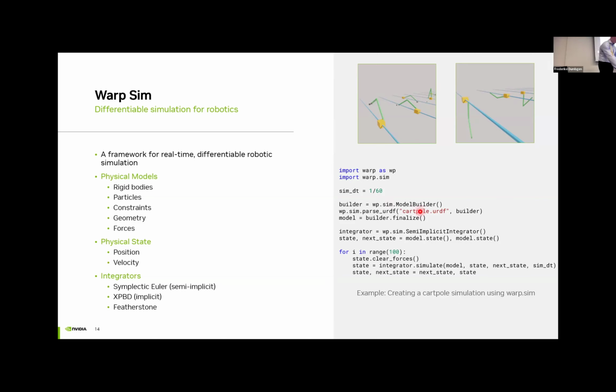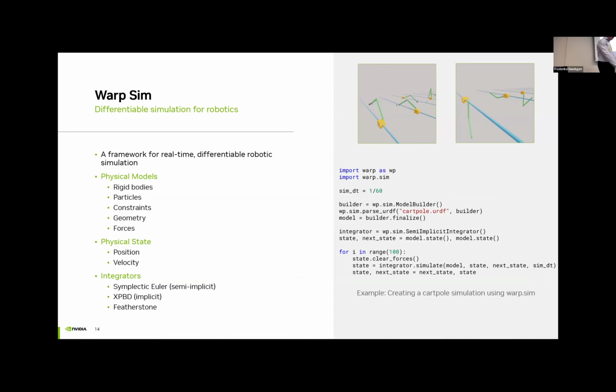We have a model builder that is similar to MuJoCo, where you need to define the model, like the articulation or the topology of the system, and then you can also define parameters. And then we have this parse URDF function here that loads like a cartpole or some other model, and then you finalize. That will create the final model out of the model builder, which actually allocates the buffers in CUDA.